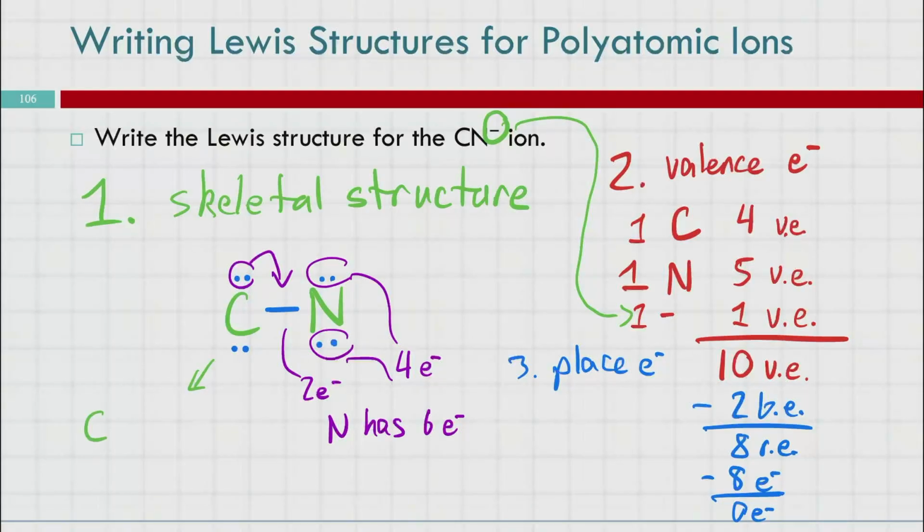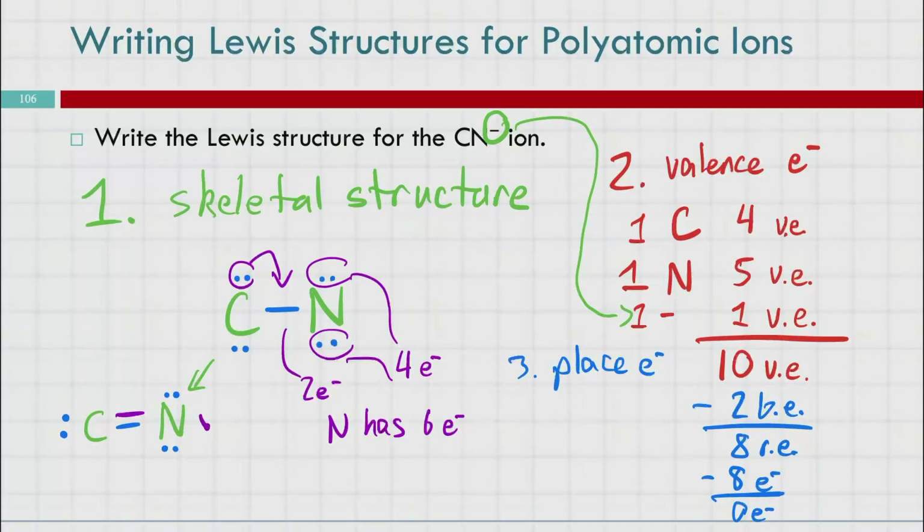So this would turn into this. Trying to maintain all my colors. And I shifted over the double bond for the carbon. Now if we look at nitrogen, we've got 2 lone pairs and 2 bonds. 4 plus 4, that's 8.